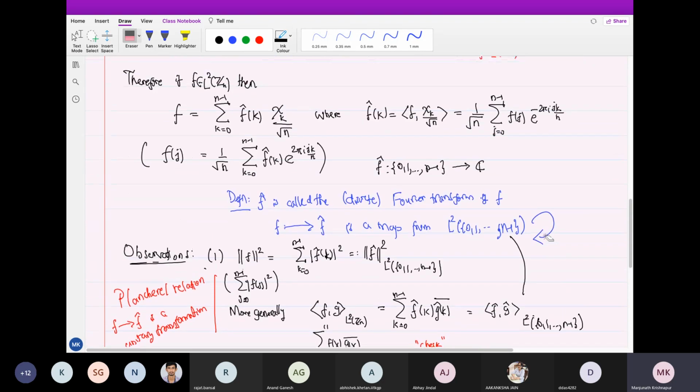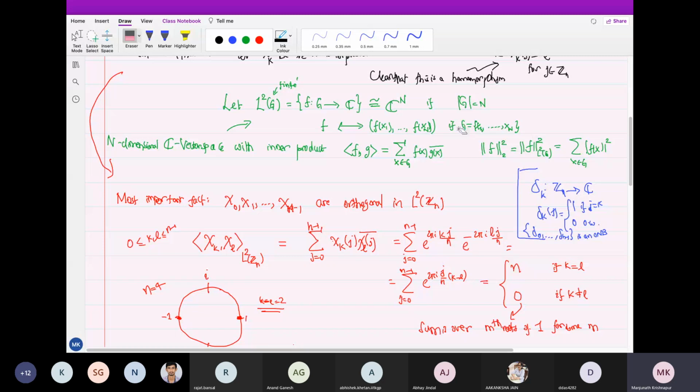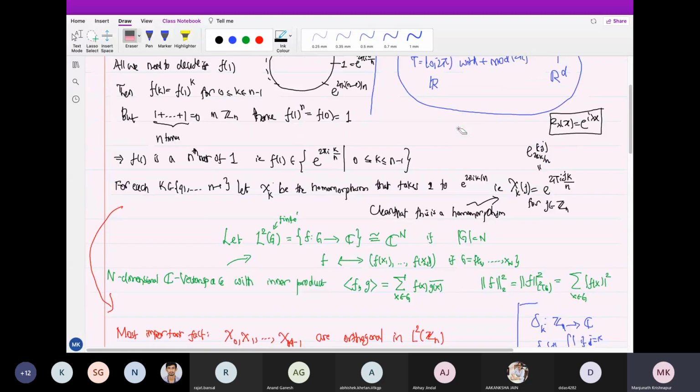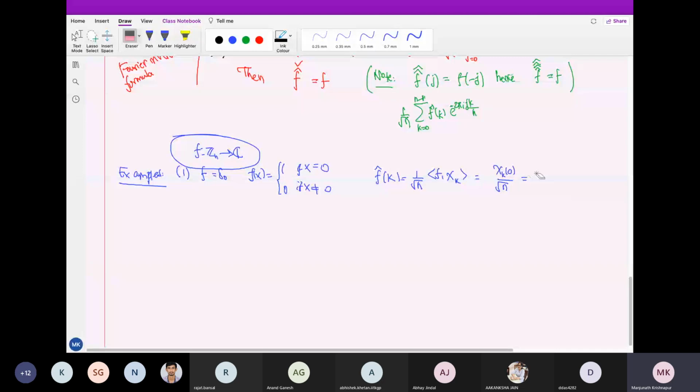Chi k of j is e to the 2 pi i jk by n. So when you put j equal to 0, you get 1. So it is 1 by square root of n. As a function, f hat is the constant function 1 by square root of n.